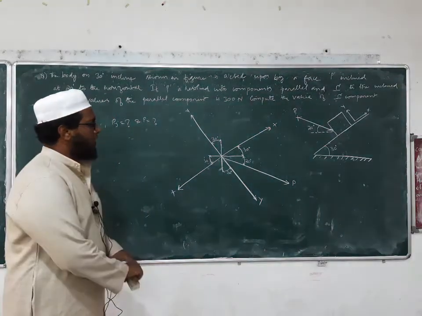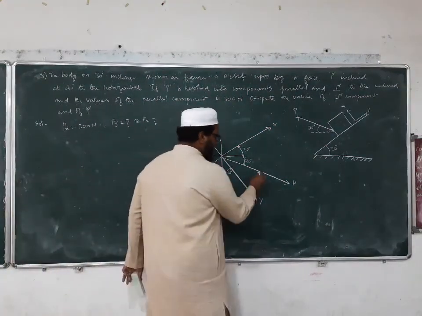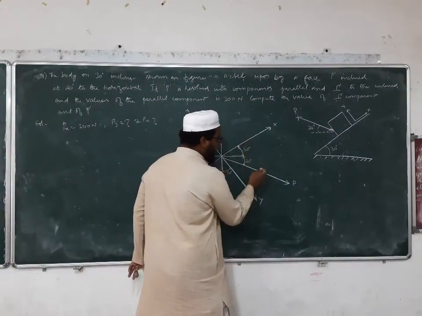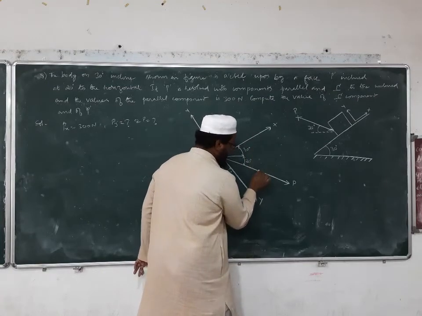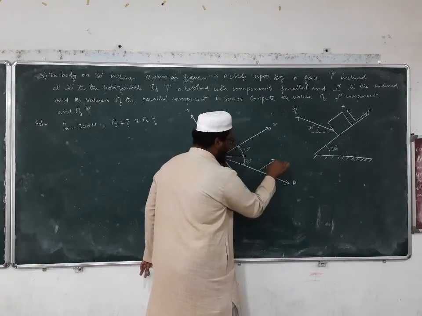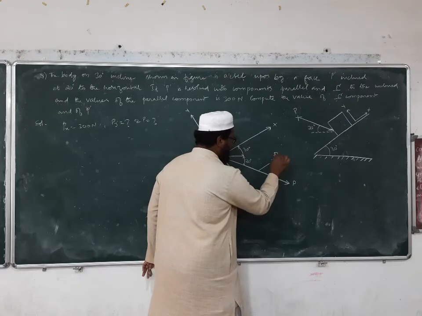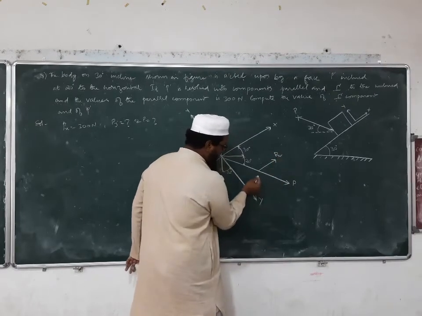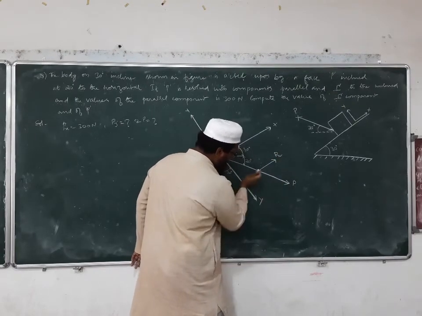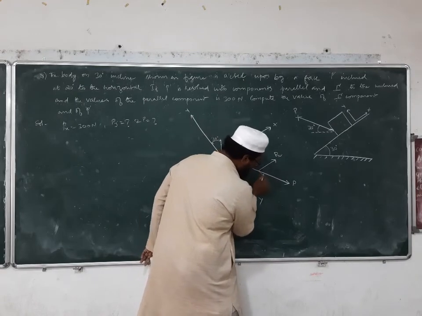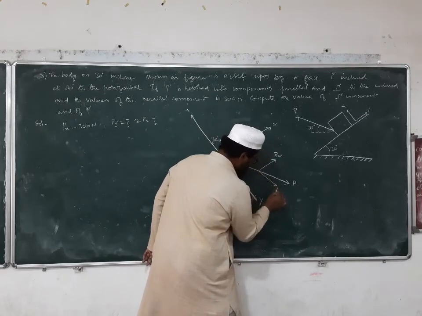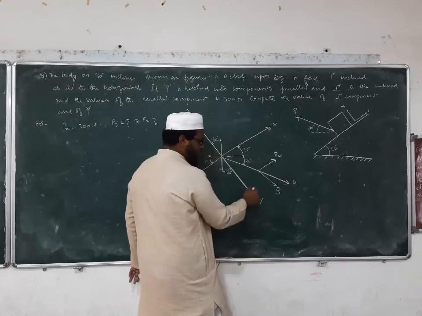Okay. So now our Px will be exactly parallel to this x axis. This is Px, and Py should be exactly parallel to the y axis. This line and this line should be parallel.